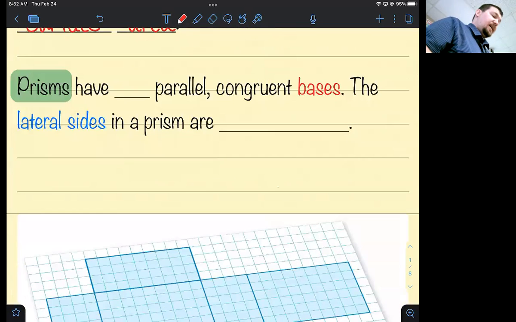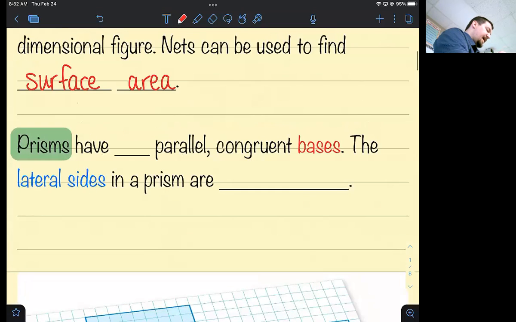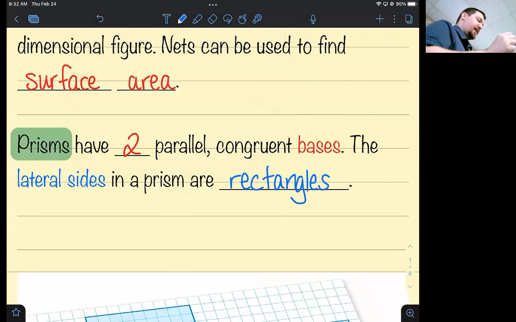Now, prisms, our next vocab word. Prisms, you guys have heard this word before, have two parallel congruent bases. The lateral sides are rectangles. Now you guys have a warped view of prisms because you probably have only looked at rectangular prisms.